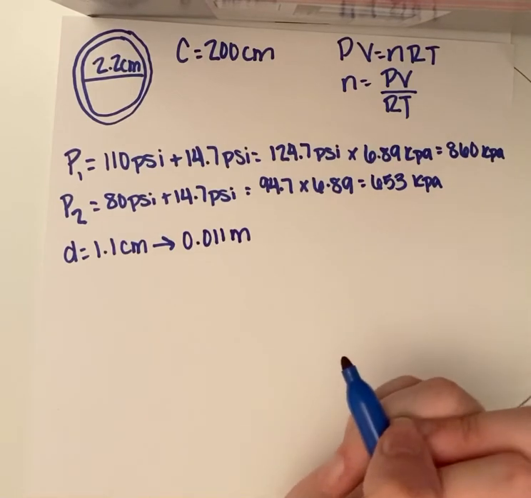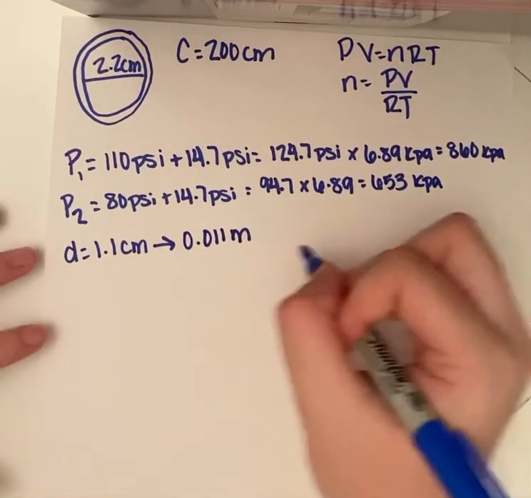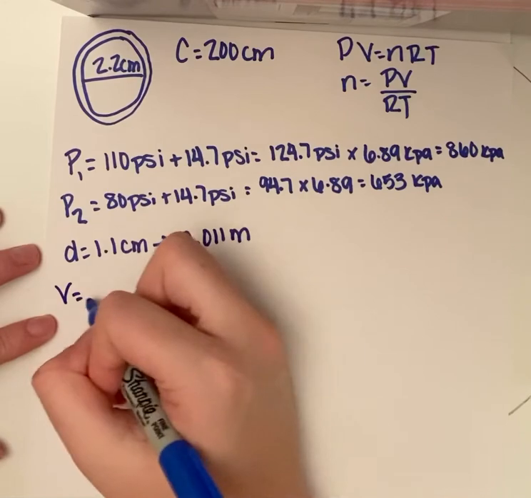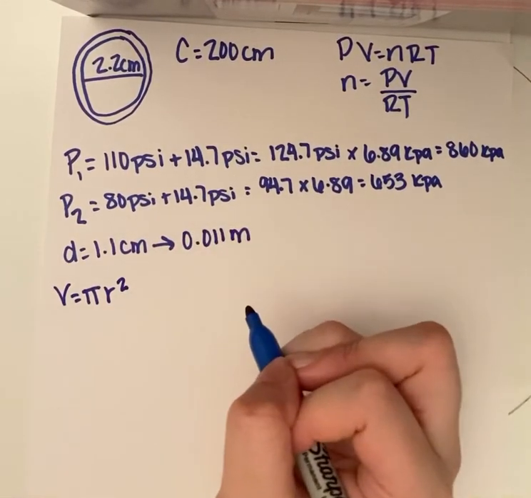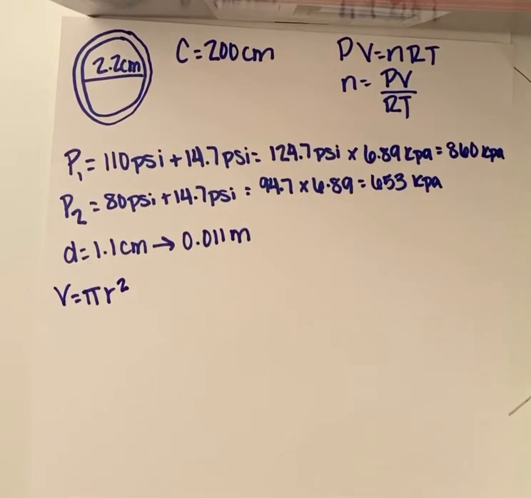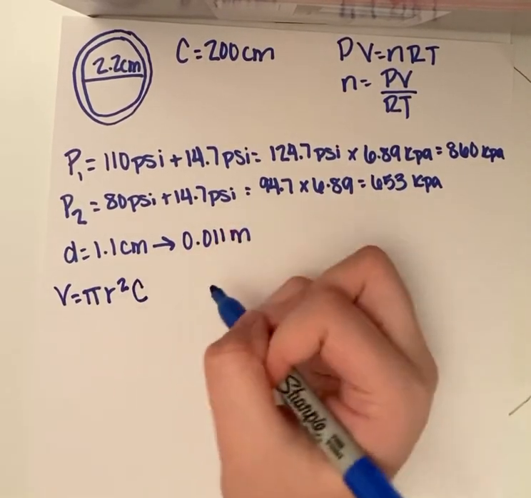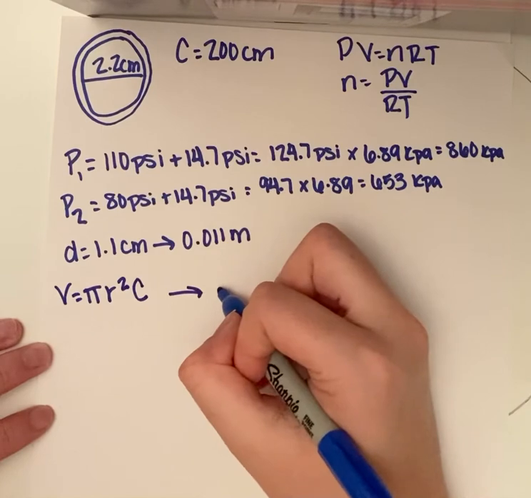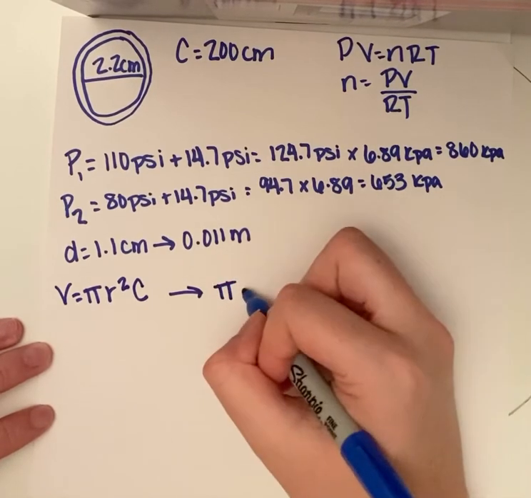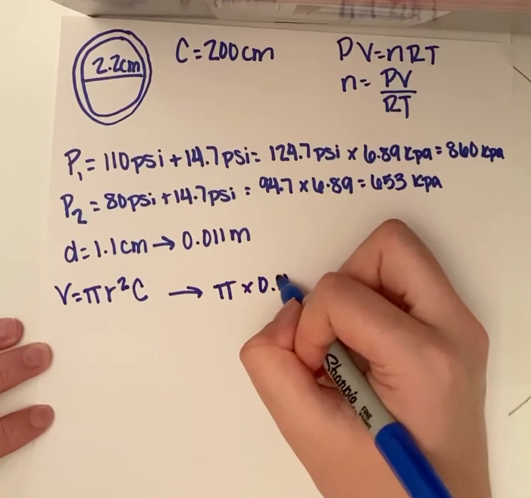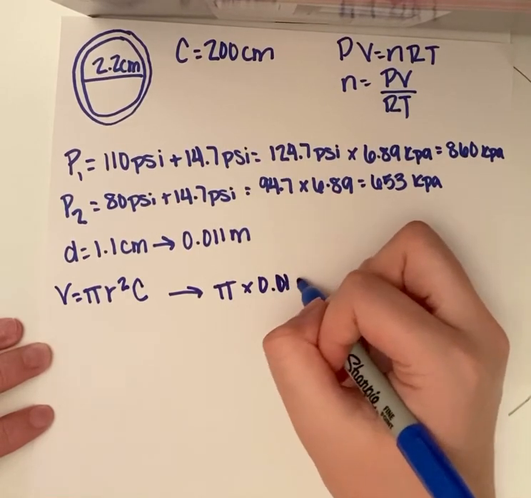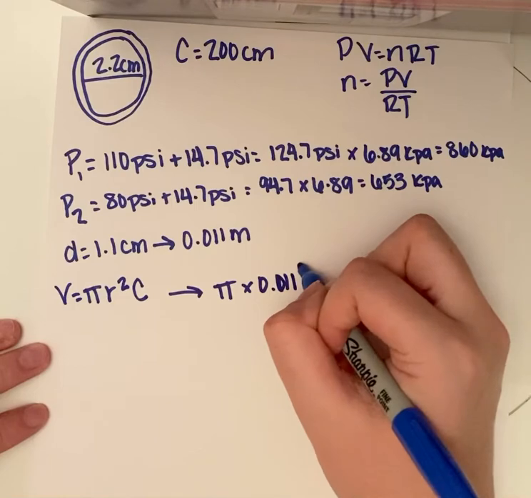And then from there, we're going to want to find the volume. And since this is a circle, we're going to be using the equation V equals pi r squared, which is just the area of the circle. And we also need to multiply that by the circumference. So we get pi times 0.011 squared.